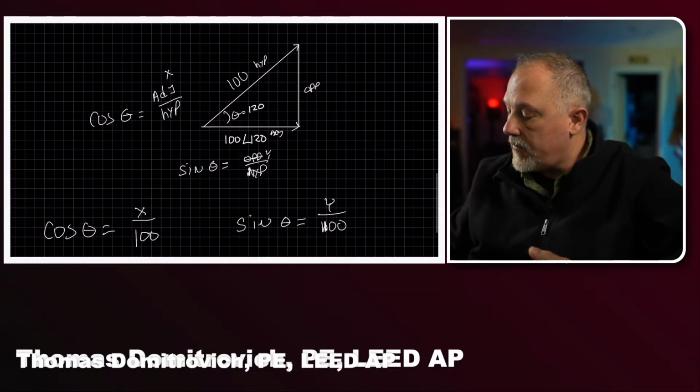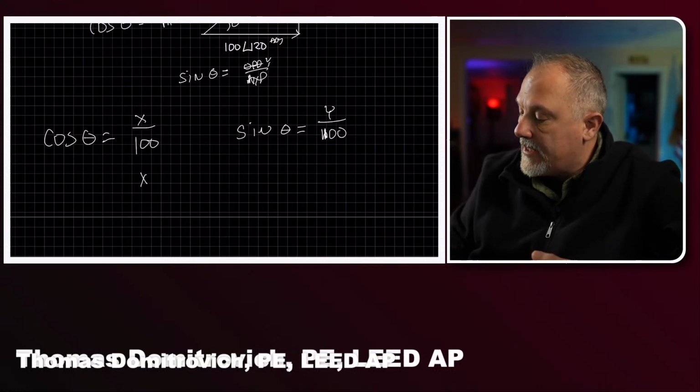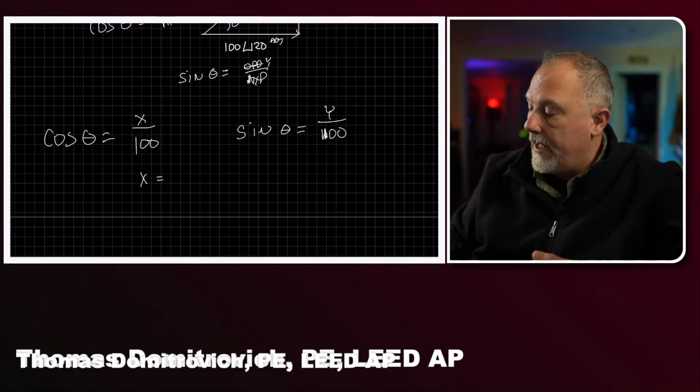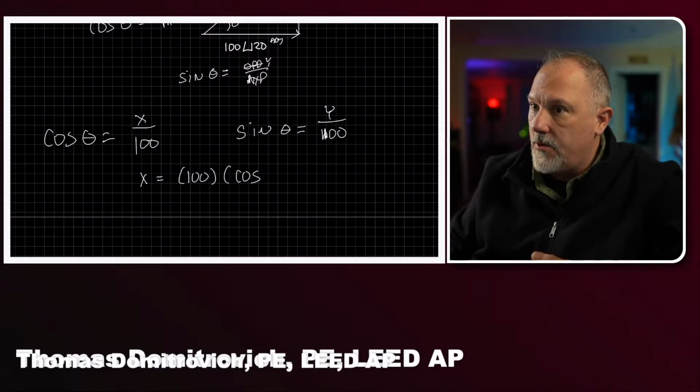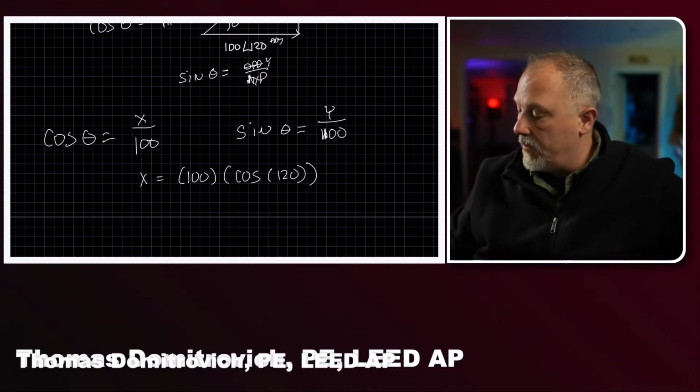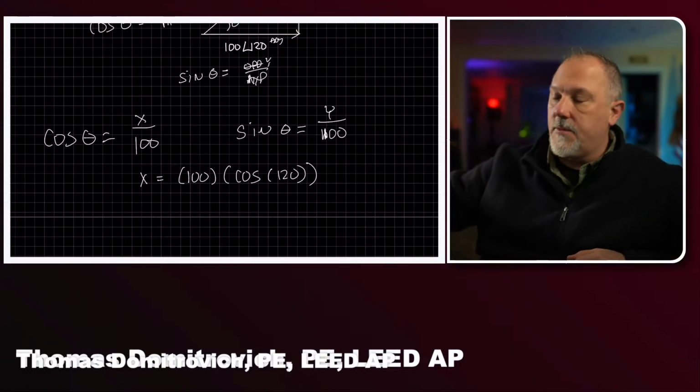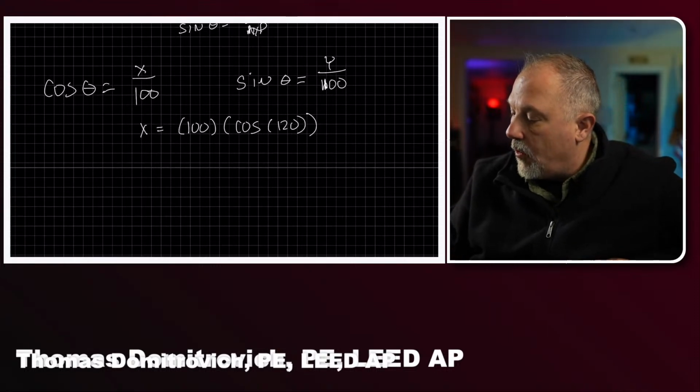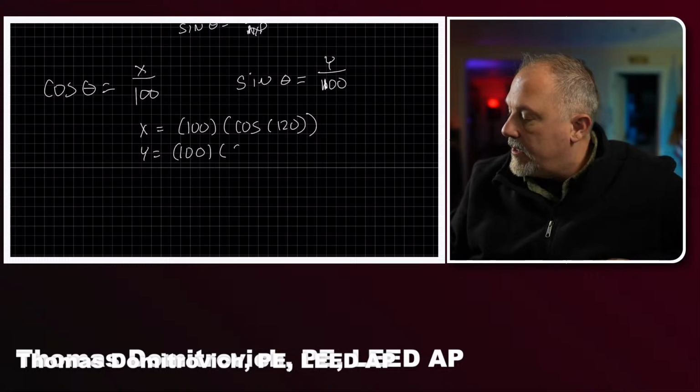So if I want to know what x is equal to, 100 times the cosine of 120. Right? So x is equal to 100 times the cosine of 120. Y is equal to 100 times the sine of 120.